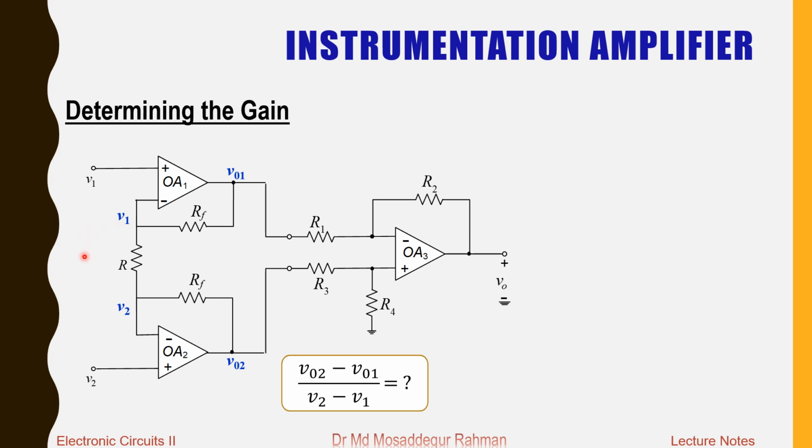So with this, now we know the voltage difference across this resistance R, and if you divide that voltage difference by the resistance R, you get the current I, how much current will flow through R.